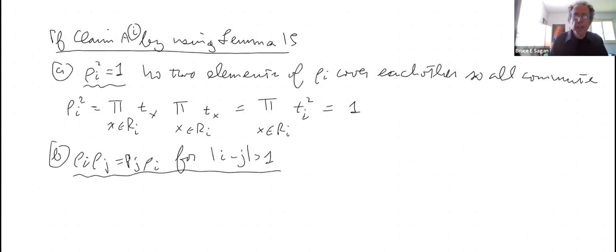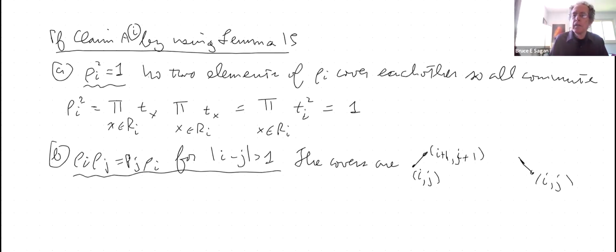Remember, what do the covers look like? They're always of something in the ith row and then something in the (i+1)st row.